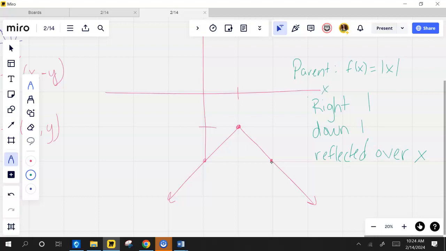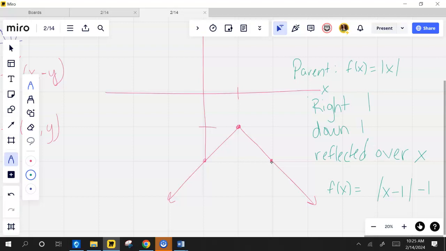So this is my x-axis. If that was the mirror, then it just flipped over. Now tell me what the equation would be for my new graph. X minus 1 in the absolute value, minus 1 on the end. How do I reflect it? Okay, so where does the negative go?